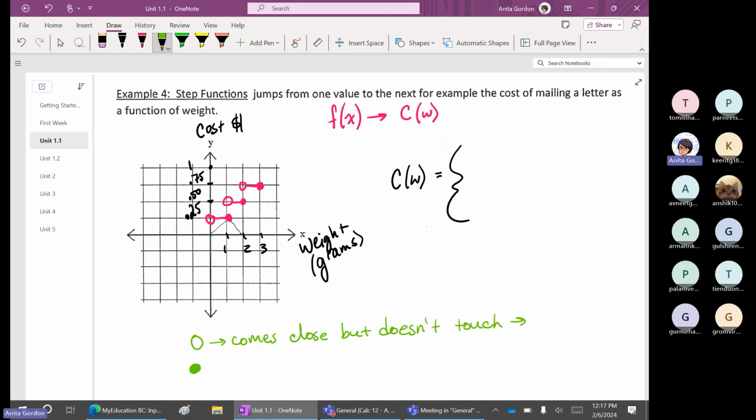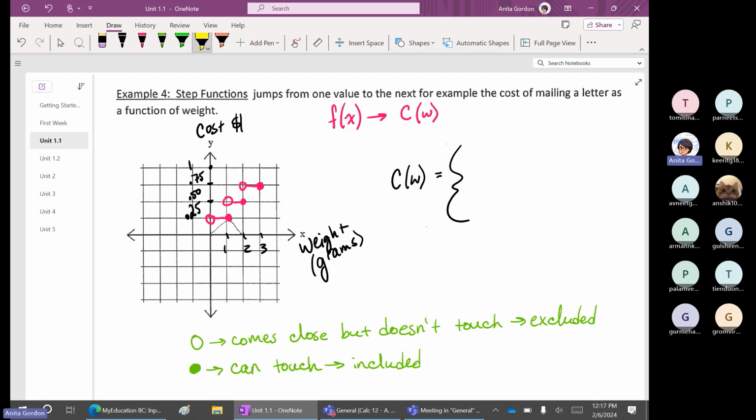So it is excluded. It's a strict inequality. And then this one can touch this point. It is included in our restrictions, included. Okay, so based on this information, what is my 3-piece function going to be?